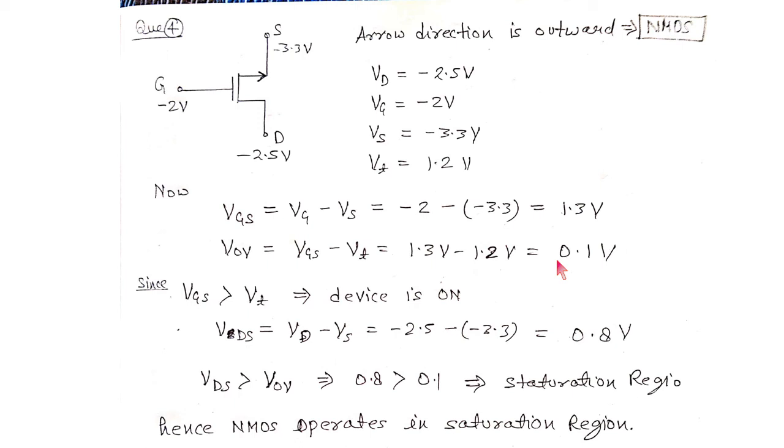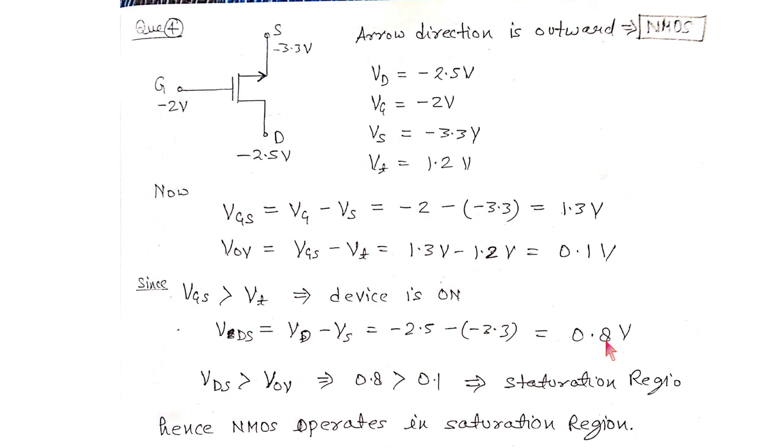Okay, now come to the drain to source voltage VDS. VD minus VS. VD is equal to 2.5 and VS is equal to minus of minus 3.3 volt. So this minus minus becomes plus. 3.3 minus 2.5, that is 0.8 volt. Now check the condition whether it is triode or saturation.